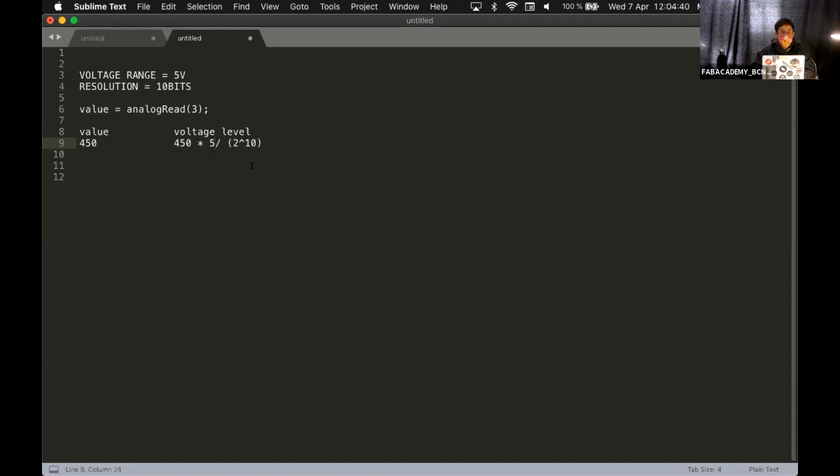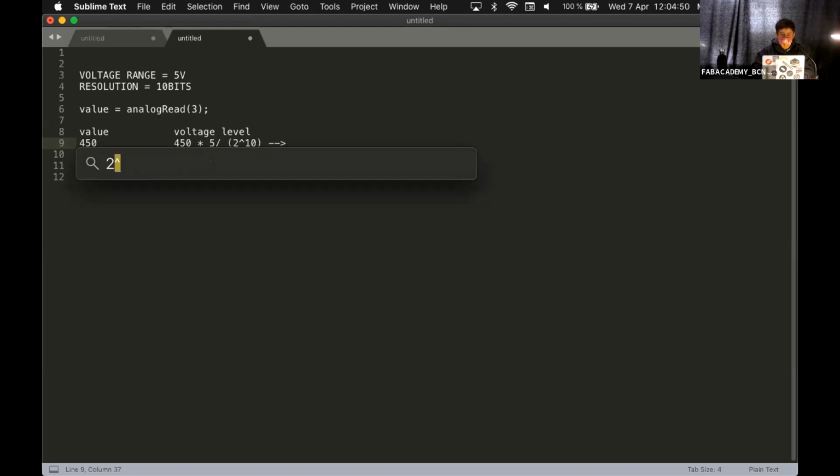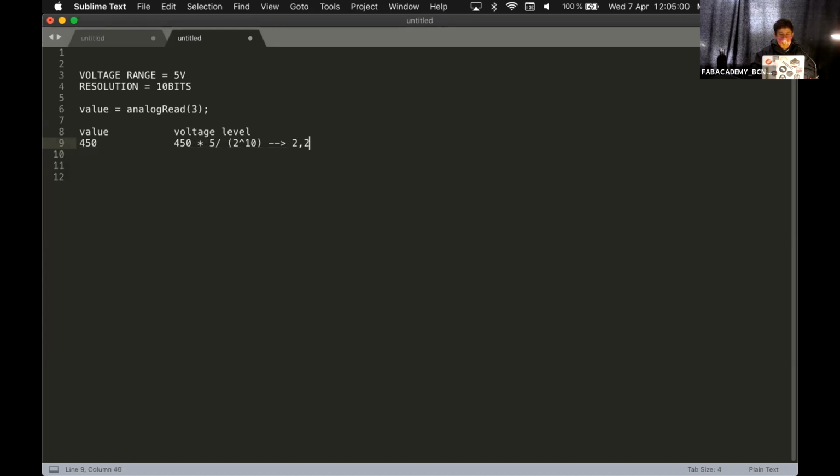Yeah, okay. So this will give us 450 divided by 1024 times 5, it's 2.2 volts.